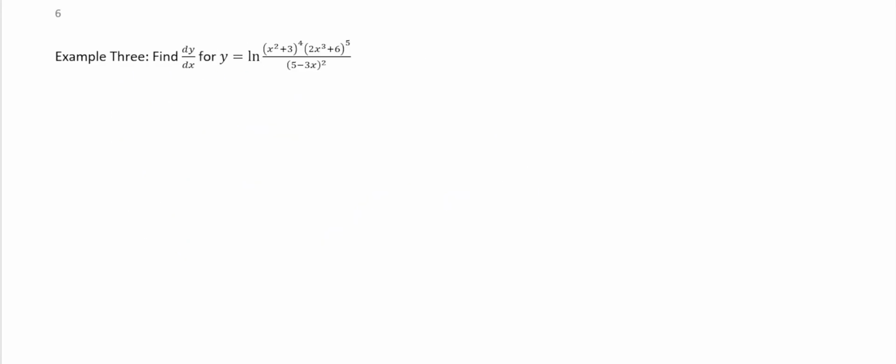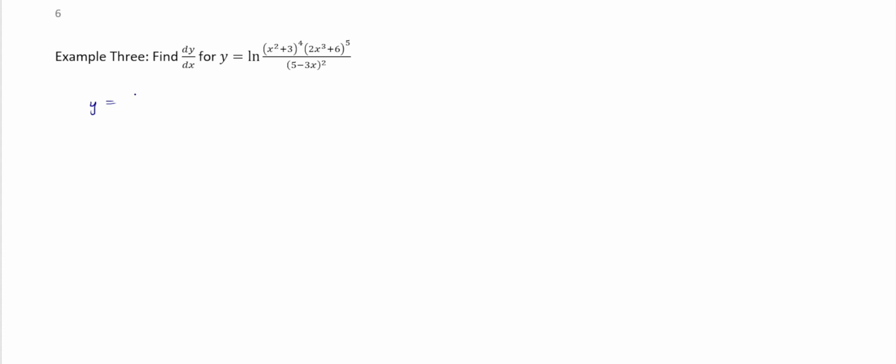Again, this next example looks far more complicated than it really is. All we have to do here is, again, apply our logarithm laws. So I'm going to go ahead and do this step by step. I'll start with my numerator right here. I've got multiplication in the numerator.